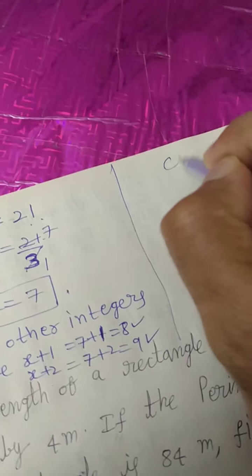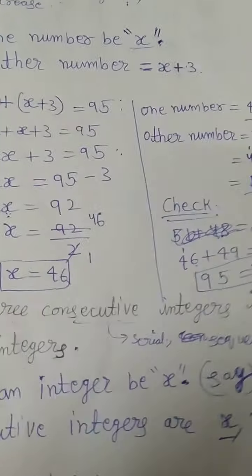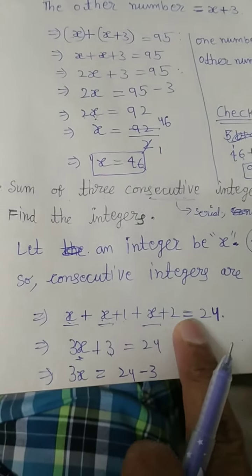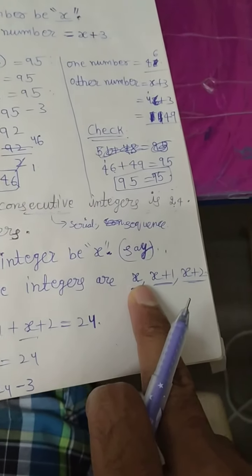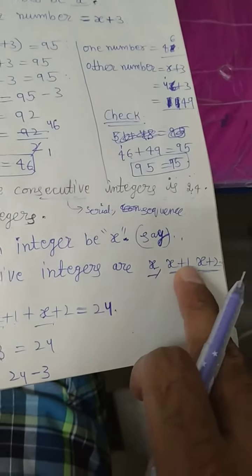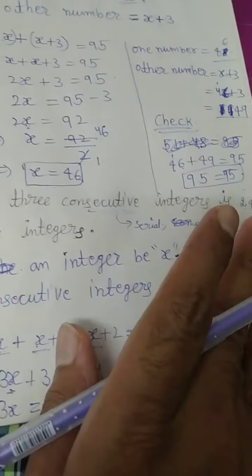Okay, so check method. What we have to do in this check method is check whether this equation is correct or not. So you have to substitute 7 in the place of x, so that the result we get is 24.